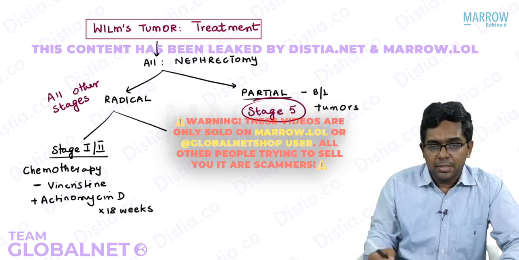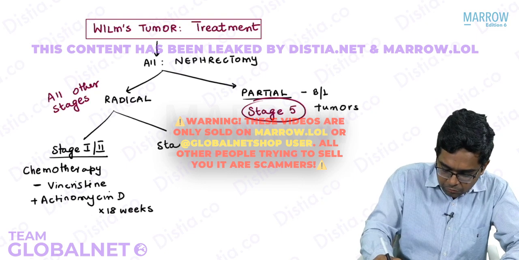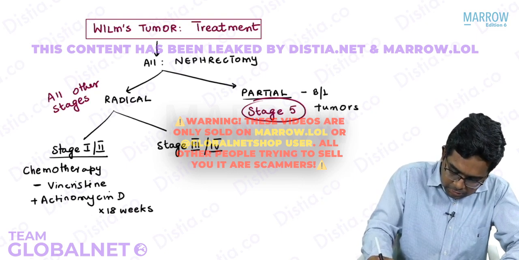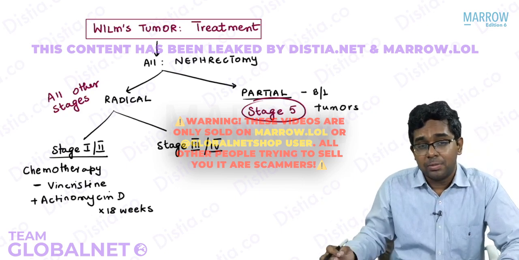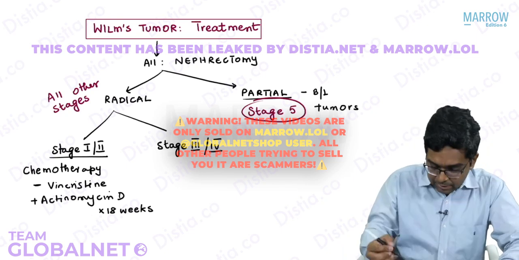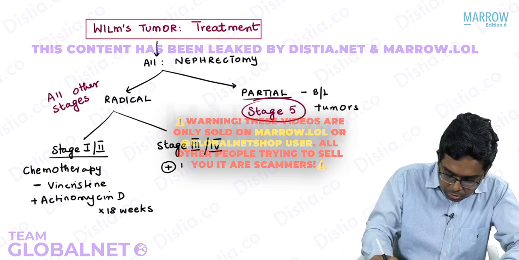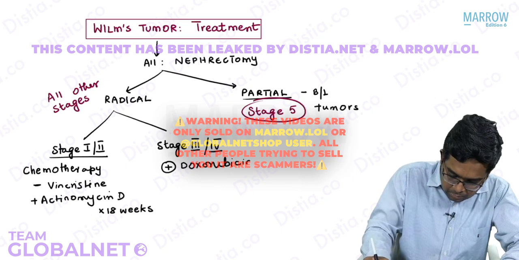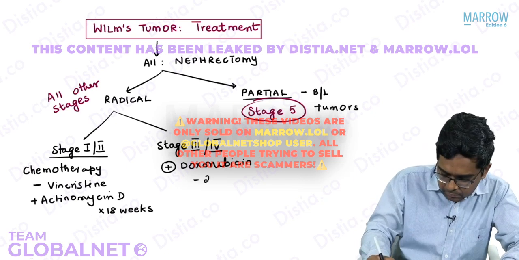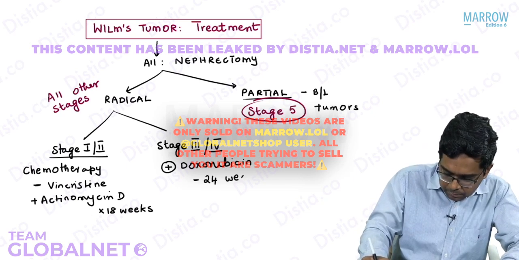Okay. Whereas in stage 3 or 4, in addition to vincristine and actinomycin D, you also have to intensify the treatment by adding another drug, which is doxorubicin. And the total duration of treatment here will be 24 weeks. Okay.